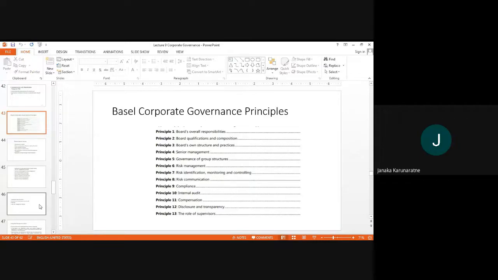Governance and group structures. How group structures are governed when you are part of a group. Now, it is always very easy if you are a standalone entity and you don't have a group. In the financial sector, especially banks and financial institutions, problems come when you are part of a group. For example, if you are part of an insurance company, stockbroking company, asset management company, and you have some other manufacturing companies also within a group, then your structure is much more complex.